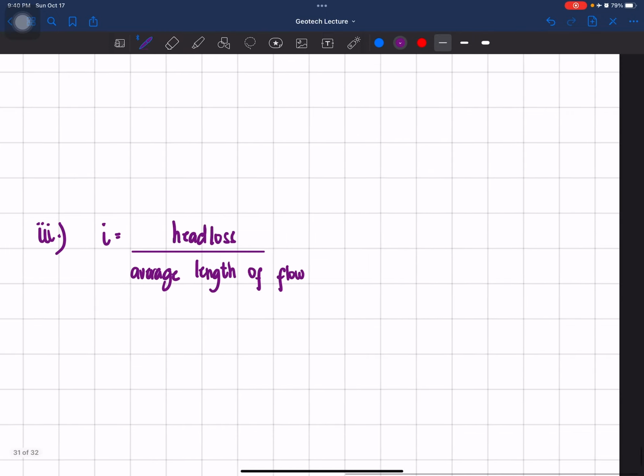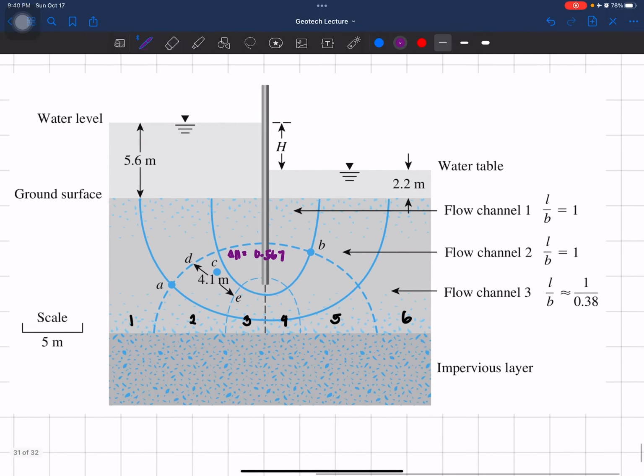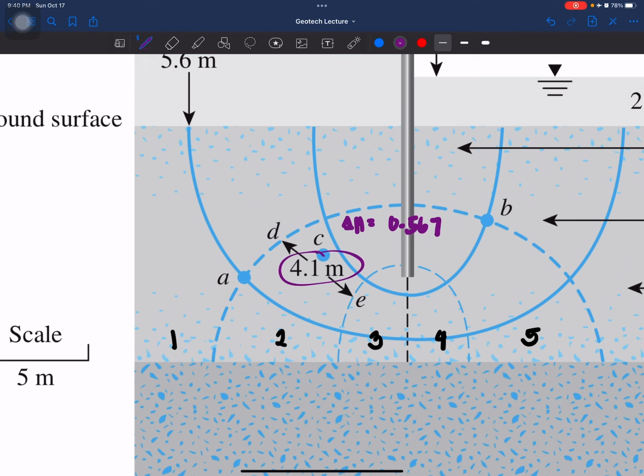There. And this is now equal to the delta H all over the delta L. Okay? Or sabihin na lang natin delta L yung average length of flow. Pero binigay naman na guys yung average length of flow natin, di ba? That's 4.1 meters. Okay? So nakalagay na dyan.